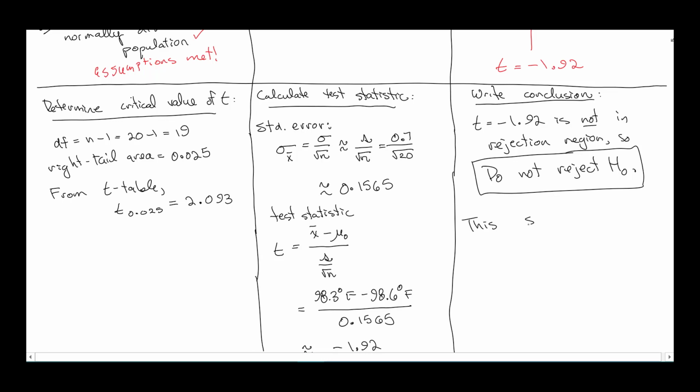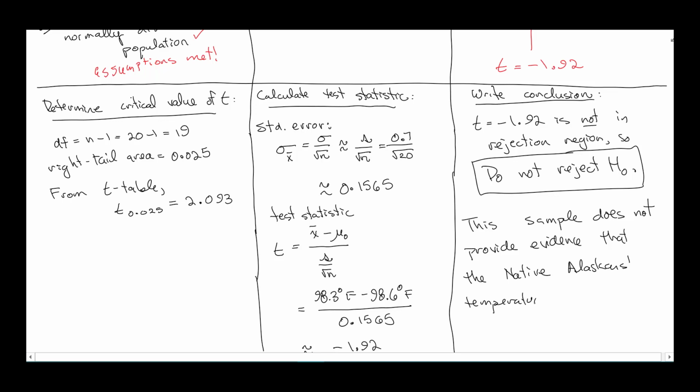So basically what happens here is that this sample does not provide evidence that this group of people, and you could say their mean temperature here, differs from 98.6 degrees Fahrenheit.